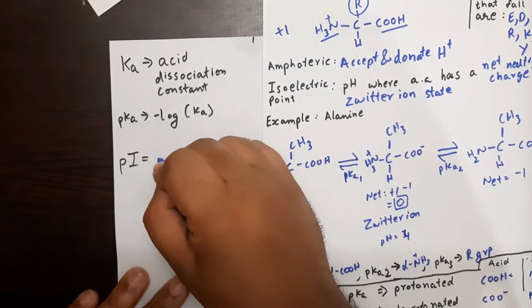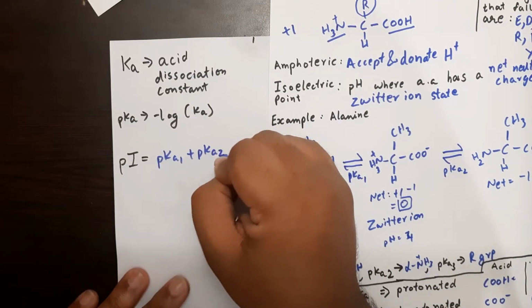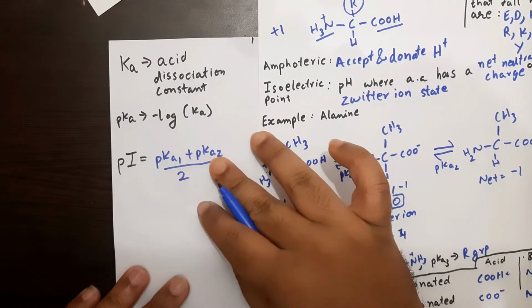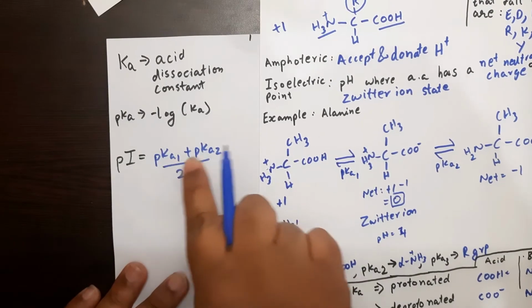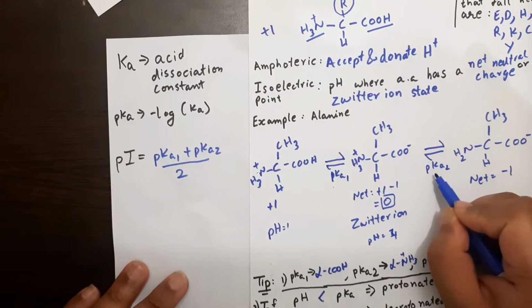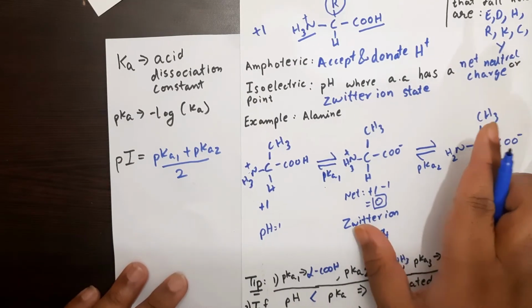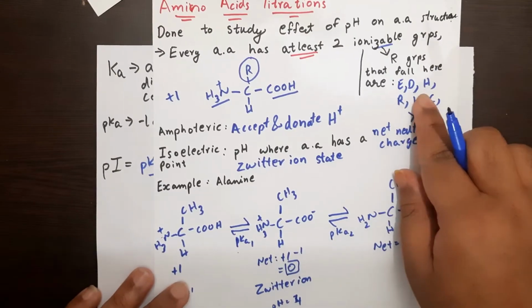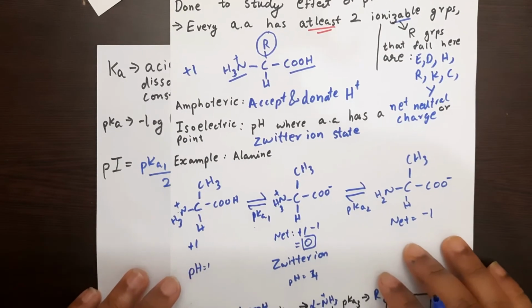So in this case, it will be pKa1 plus pKa2 divided by 2, and this is the formula for isoelectric point. Please make a note of this. Remember, always, the two pKa's taken will be the pKa just before and just after the Zwitter ion structure of the amino acid. You have to remember this because in some conditions, if you're looking at these amino acids, sometimes pKa3 also will come into consideration, which I'll talk about just a little later.